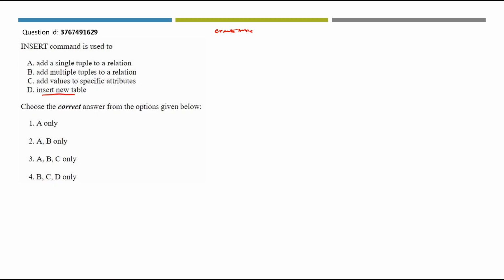If you take out D, you can remove the fourth option. Insert command is generally used to add a single row at a time or multiple rows at a time. Both are possible. So definitely A and B are in. When we have two options inside the solution, one is also ruled out. Now we have to check whether C is in the solution or not.